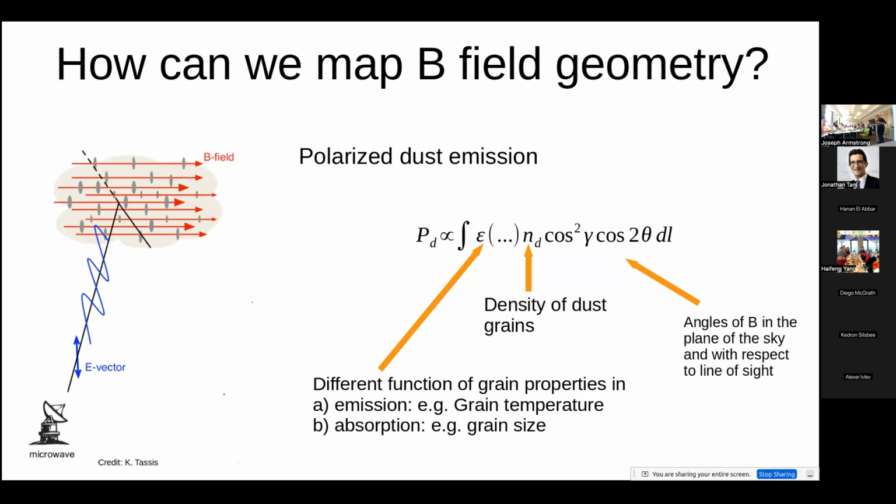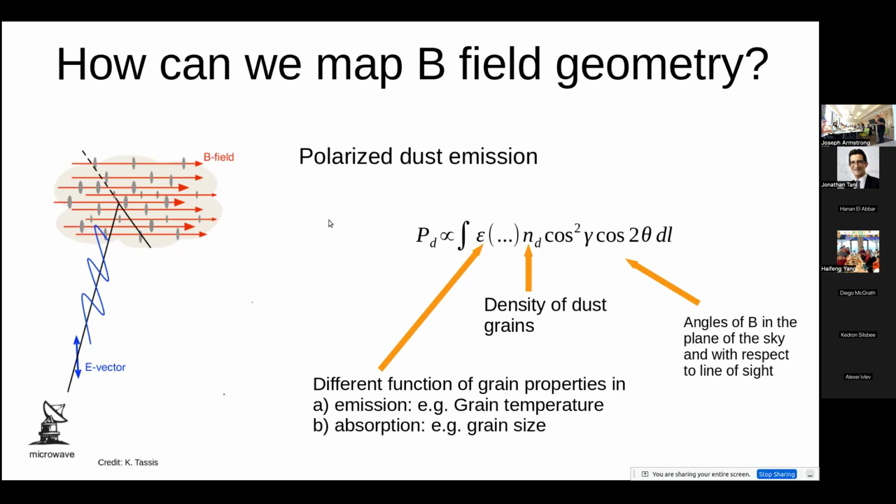The E vector of the thermal emission of these dust grains is polarized perpendicularly to the projection of the magnetic field. So when you measure the polarization of this dust emission, you can map the magnetic field projected on the sky.